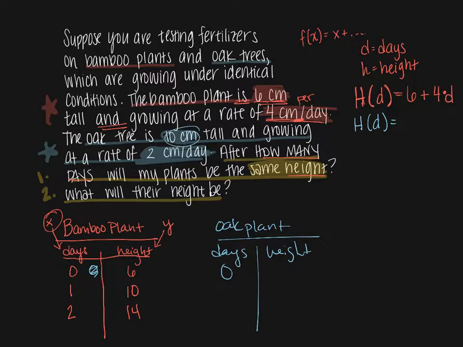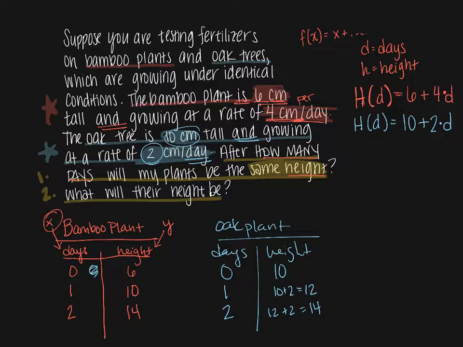Well, 10 centimeters. And so I know it starts out at 10 and is growing at a rate of 2 centimeters per day. All right, so on day 1, it's 10 plus 2, or 12. On day 2, it is 12 plus 2, or 14. And on day 3, it would be 16, and so on.